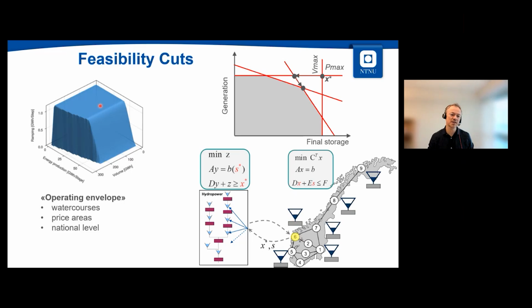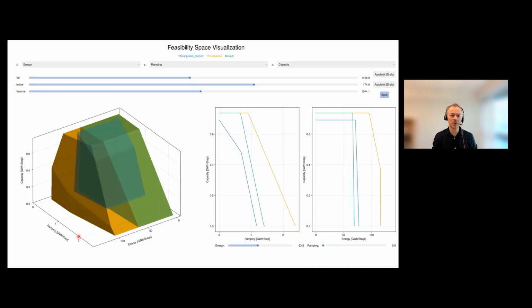And this can be expressed in different capabilities such as energy production, reservoir volume, ramping capability, and so on. And you can have such operating envelopes on water course level, on price area level, or even on national level if you want a coarser description, depending on how much computation time you would like to have your model running on.